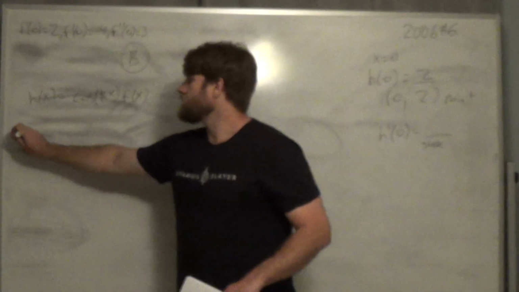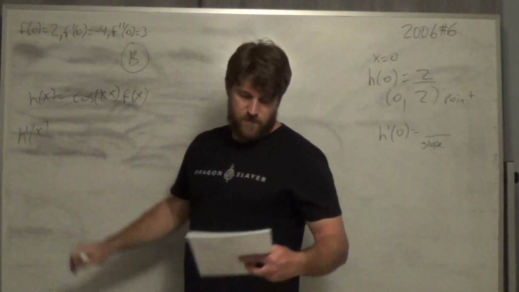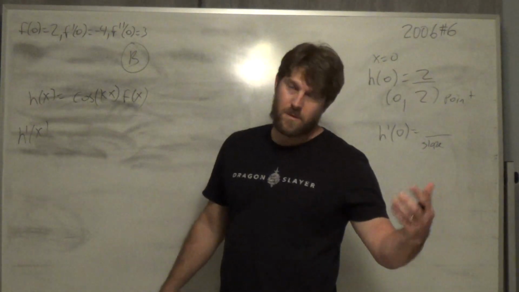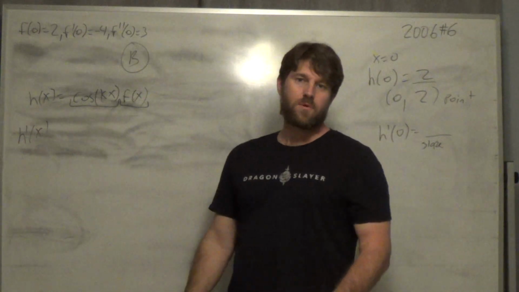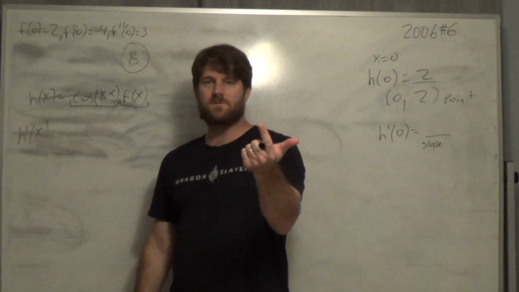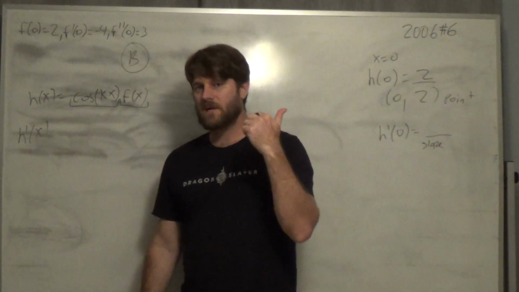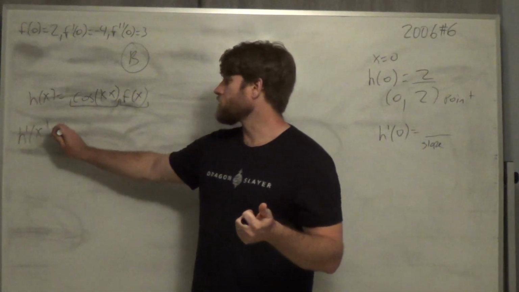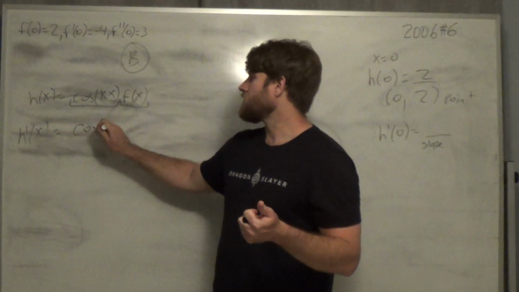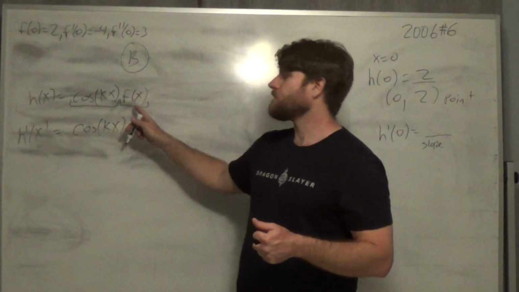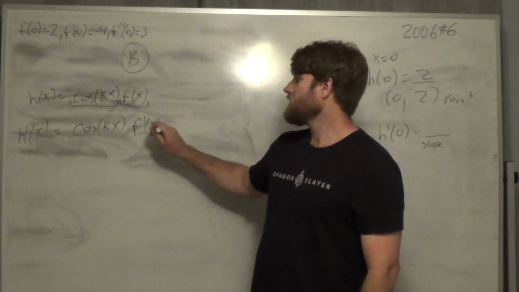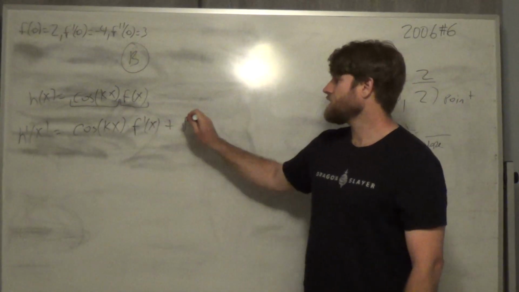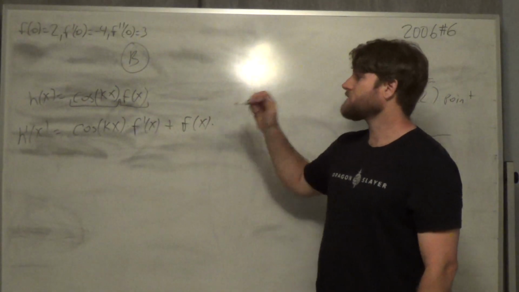The slope comes from the derivative, h prime x, and if you read the question, they said find h prime x. So we had to do it anyway, and your brain better tell you that's the product rule. Product rule: first piece times derivative of the second, plus second piece times the derivative of the first. So first piece, cosine of kx, times the derivative of the second piece, f prime x, plus the second piece, f of x, times the derivative of the first piece.